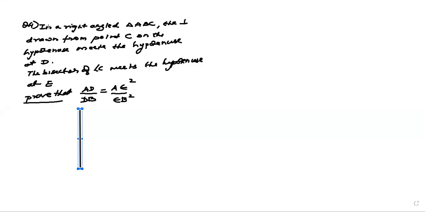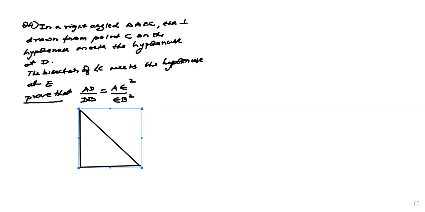Let's try to draw the figure for it. In a right angle triangle ABC. So when you look at right angle triangle ABC, I don't know which angle is 90, so I'm not marking or naming it immediately. But when I read it further, in a right angle triangle ABC, the perpendicular is drawn from point C on the hypotenuse.